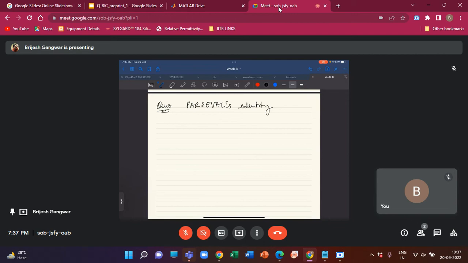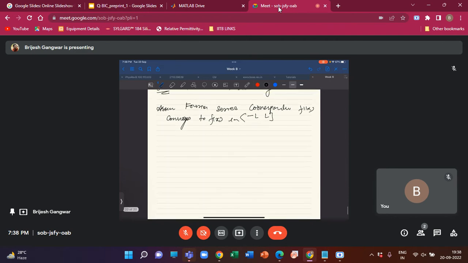Okay, so just assume the Fourier series corresponding to the function f(x), which converges to f(x) in minus L to L periodicity.